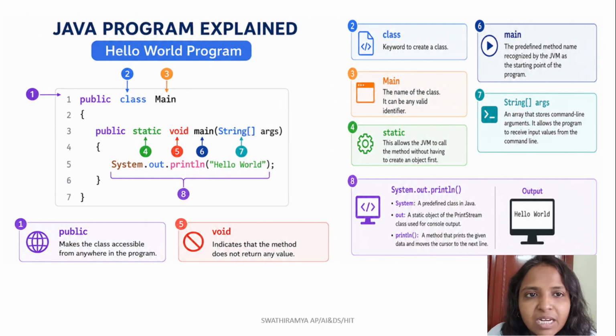So we are declaring this variable, which will always be a string. You cannot change the data type. This string array will get the command line arguments, and it allows the program to receive any input values in the command line. For that only you are using this String args.